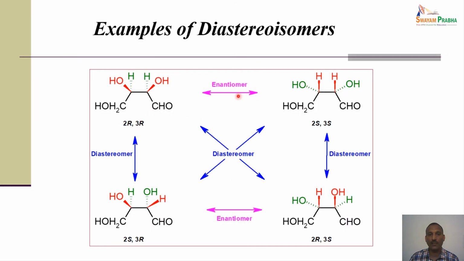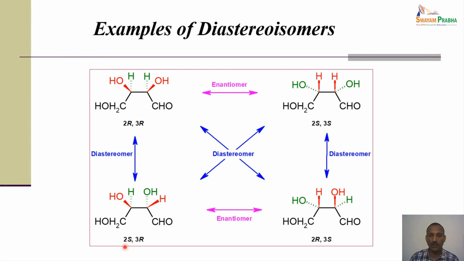Here is another example where we can go through: 2R, 3R and 2S, 3S are called enantiomers, whereas for 2R, 3R and 2S, 3R, the 3R remains the same and only 2R becomes 2S, so these two are diastereomers. The same way, if you look at 2S and 3R, here it is 2S and 3S.